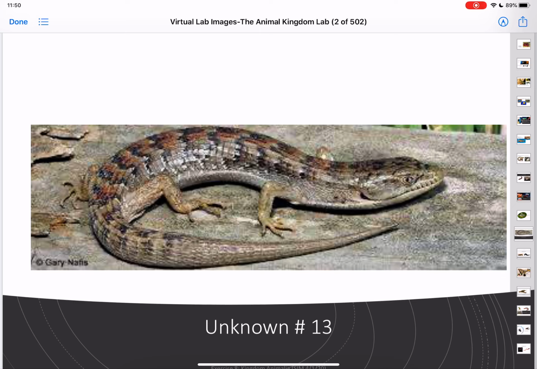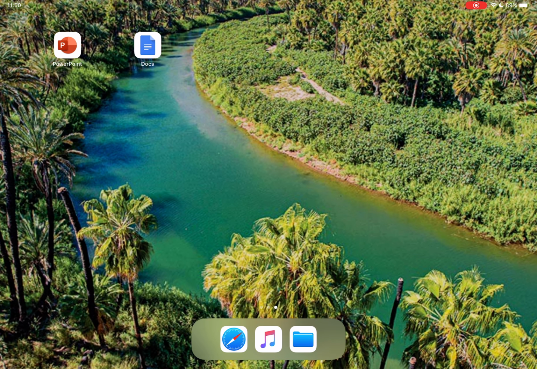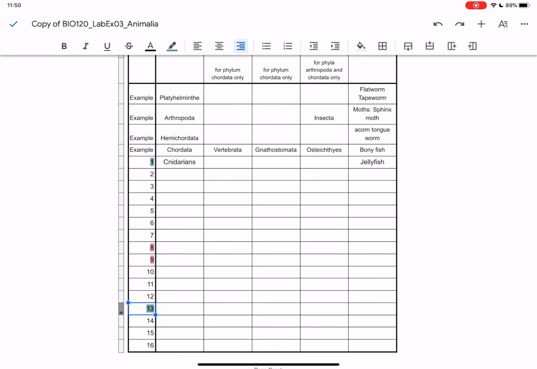So since this is a reptile, right, it's a tetrapod, it's also a chordate. So I said if it's a chordate or an arthropod, we have to provide more information. So this is an example of that. So let me show you how to fill this out. So it's a lizard, it's a reptile, and it's a chordate.